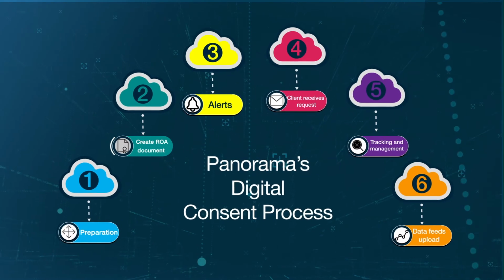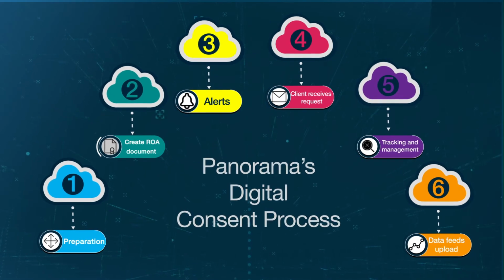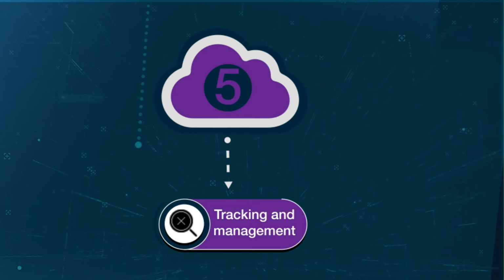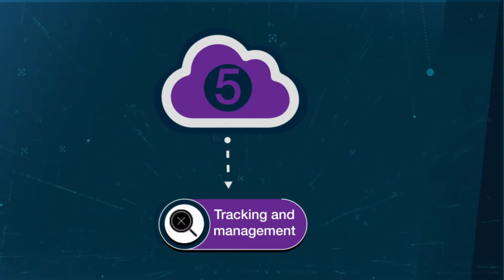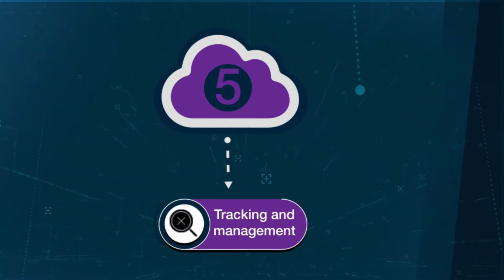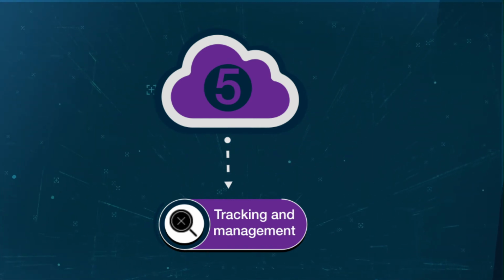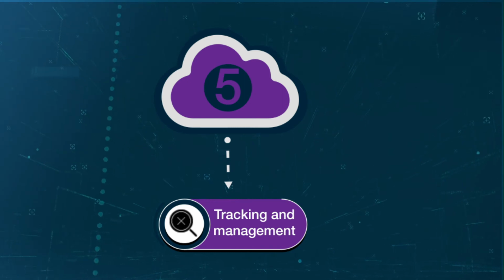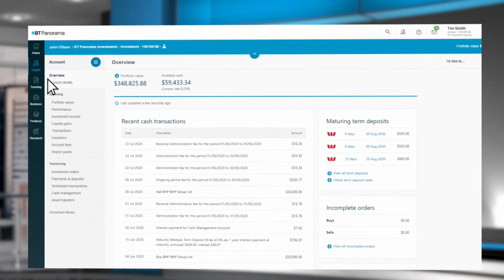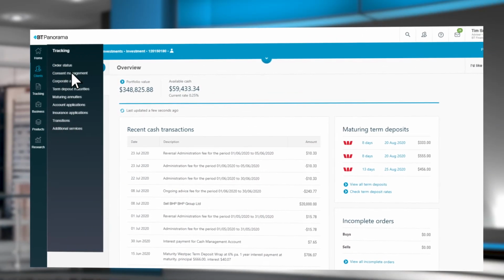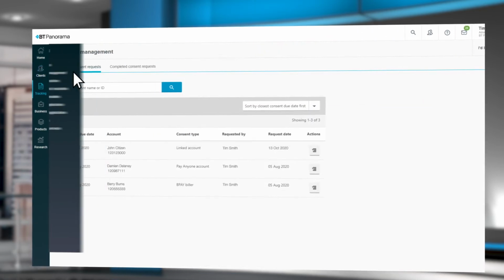Back to our step-by-step digital consent process map, and step 5 is how advisors and support staff will track and manage all their requests with clients. You'll have full oversight to keep you right on top of the status of all pending and completed client consents by navigating to tracking and then consent management.